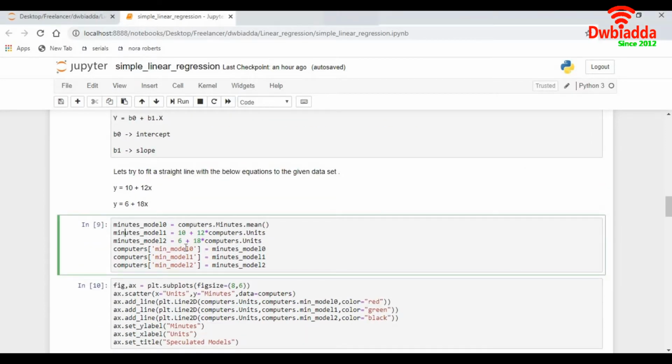Apart from this, let's say we do not have any idea about linear regression. In such a case, given the data set of the units and the minutes, if somebody asks what would be the number of minutes a person would take to fix a certain number of computers, our first intuition would be to take the average.